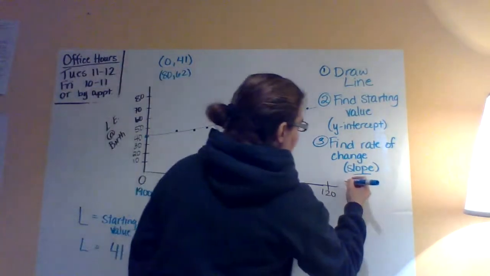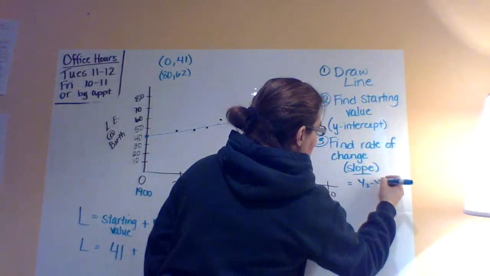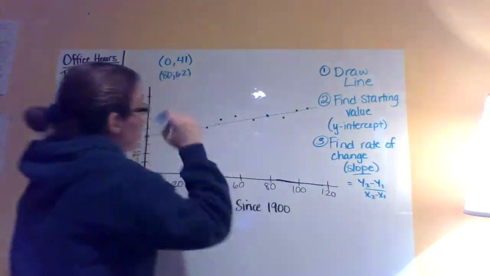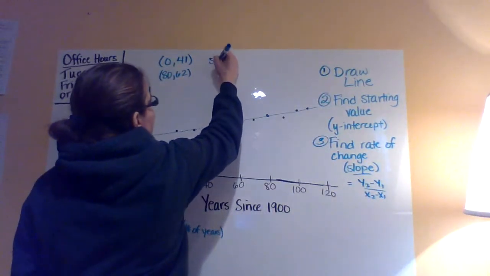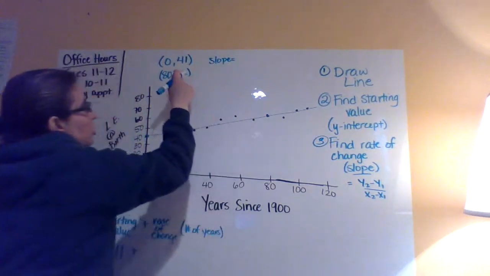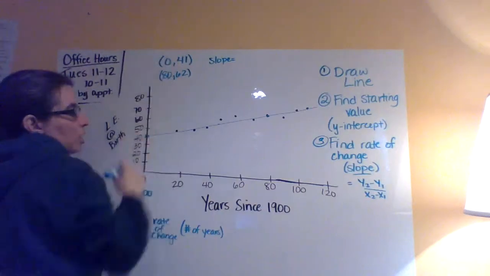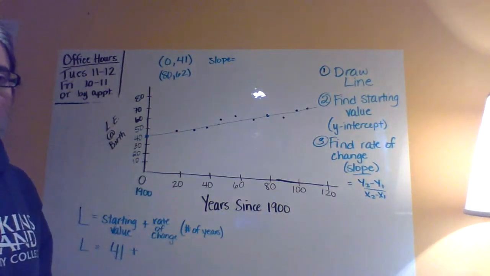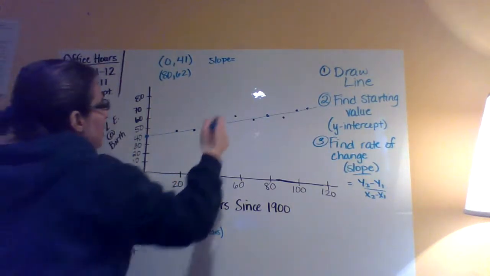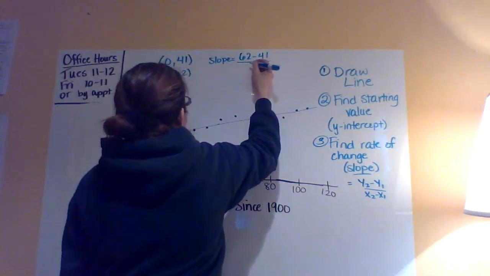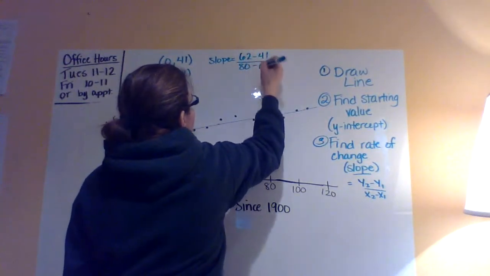Slope, or rate of change, either one, is y2 minus y1 over x2 minus x1. I subtract the y's, and I subtract the x's. I'm going to choose to go in this order both times just because it gives me 2 positives. If I went in the other order, that's fine, it would give me 2 negatives. Negative divided by negative is a positive, same idea. So 62 minus 41, 80 minus 0.